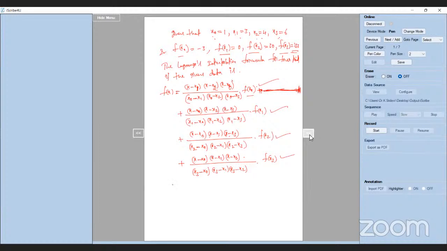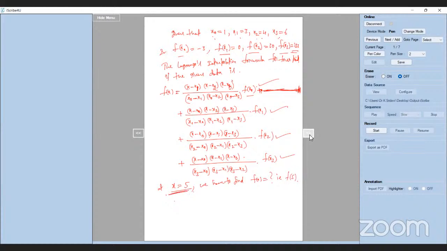So what is the x value from the problem? x is equal to 5. At x equal to 5, we have to find f of x value. Is it right? So according to this one, we have to find f of x at x equal to 5, that is f of 5. So anyway, what is x, ma'am? 5.